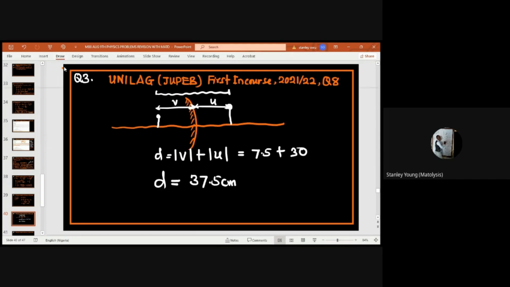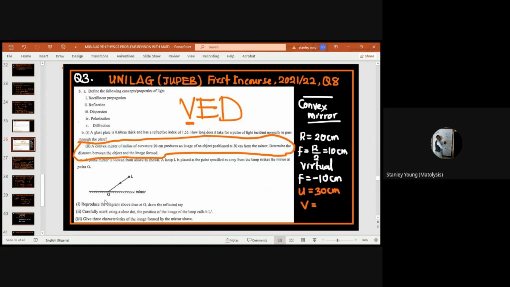So that takes us to the last part of the question. It says, a plane mirror is viewed from above. A lamp L is placed at a point specified, and a ray from the lamp strikes the mirror at point O. So technically, the question gave us a mirror and a lamp.